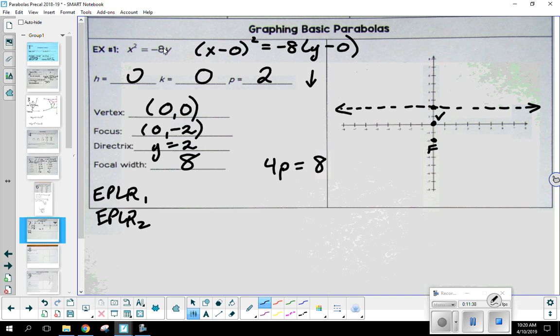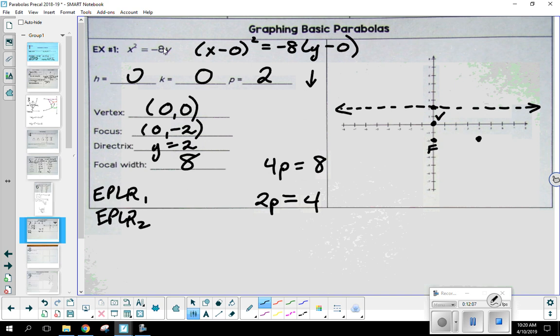So in terms of P, Alex, how far is it from a focal point to an EPLR? P, 2P, or 4P? It is 2P. So if P is 2, what's 2P? 4. Okay, so from the focal point, I've got to move horizontally 4 right and 4 left. So for this one, I'm going to go 1, 2, 3, 4 to the right.